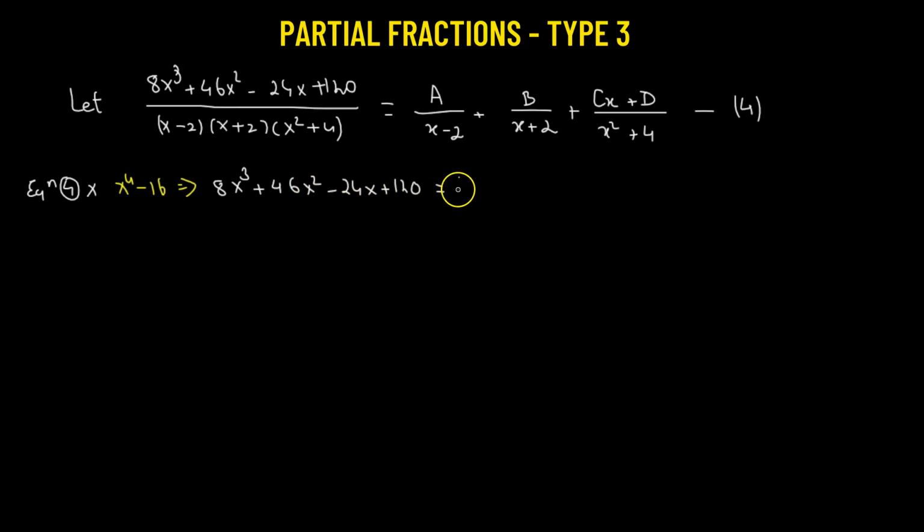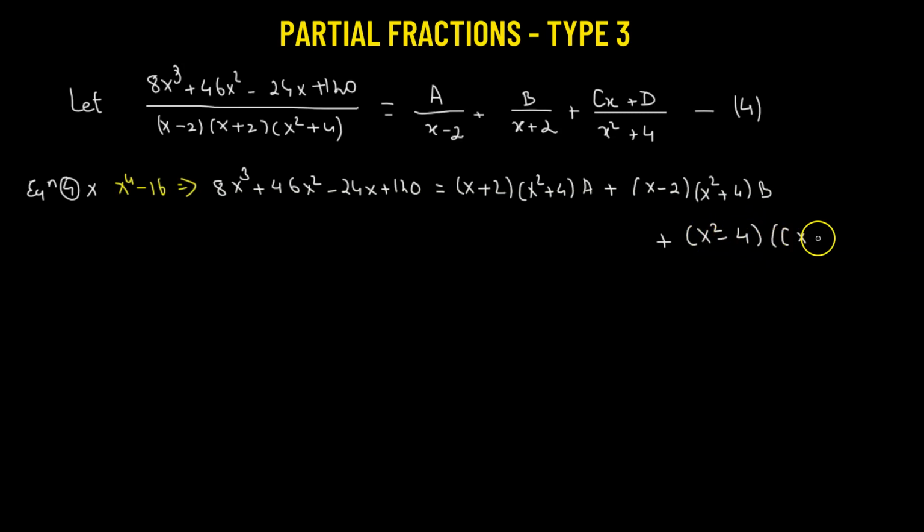On the right hand side, we have x plus 2 multiplied by x squared plus 4 times a. Then the second partial fraction reduces to x minus 2 multiplied by x squared plus 4 times b. And the third partial fraction reduces to x squared minus 4 multiplied by cx plus d.